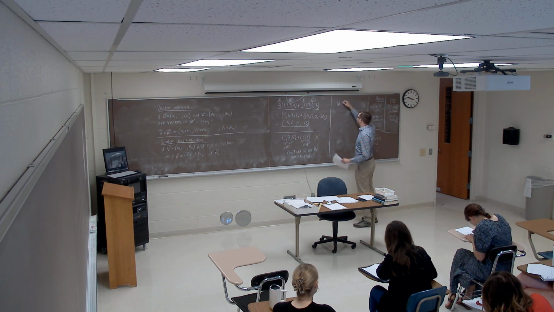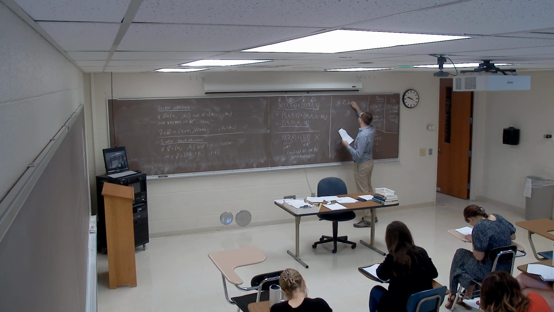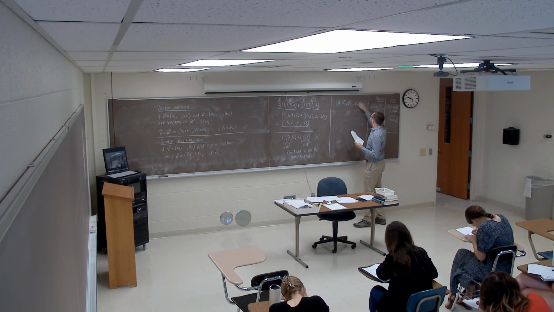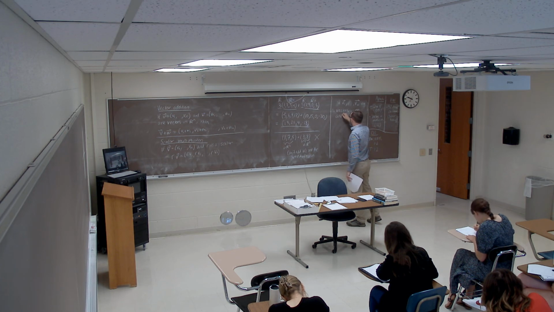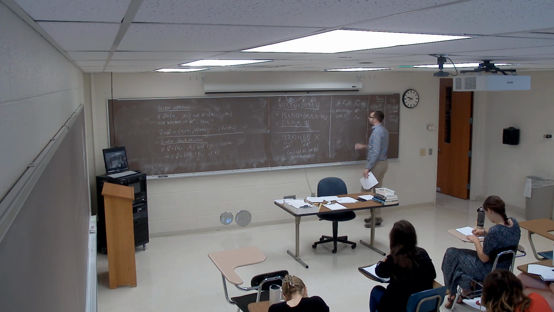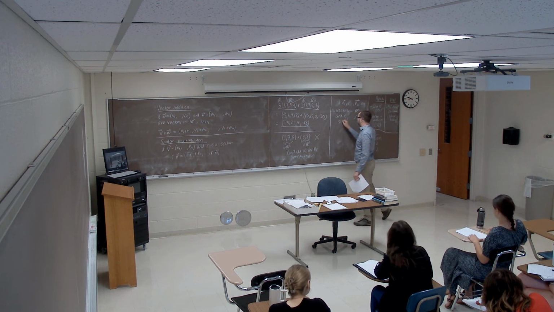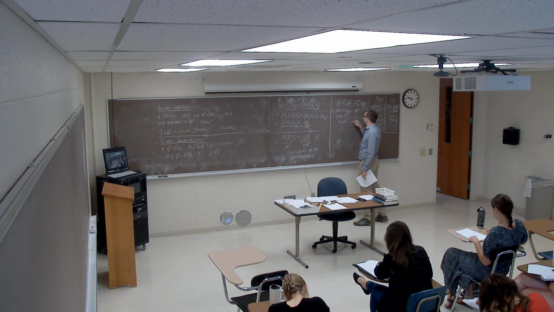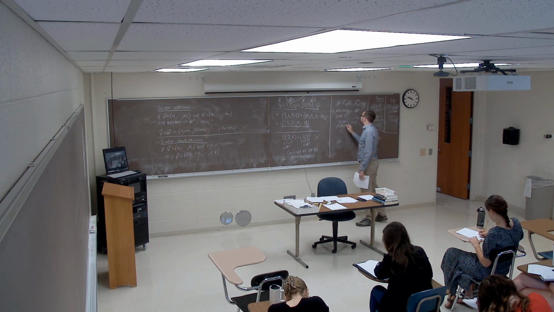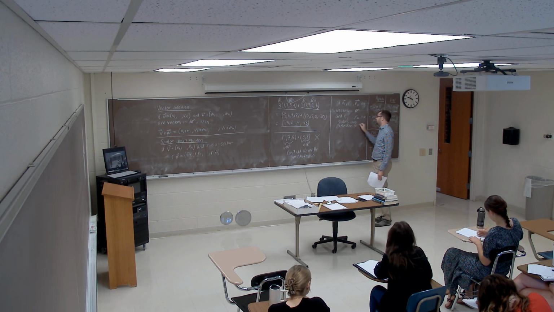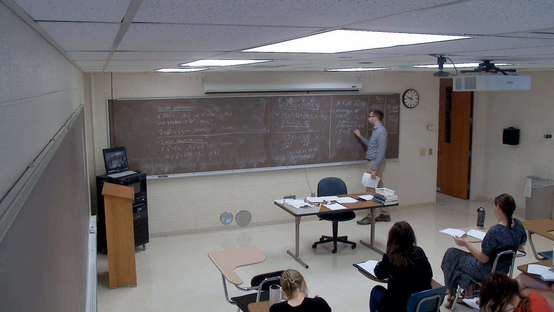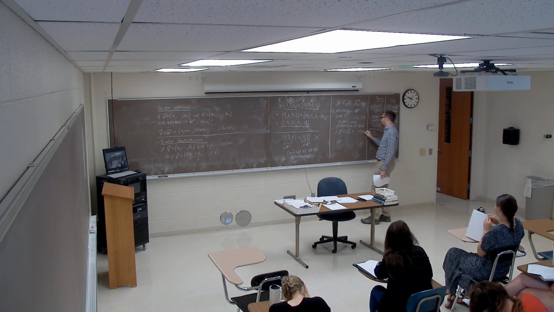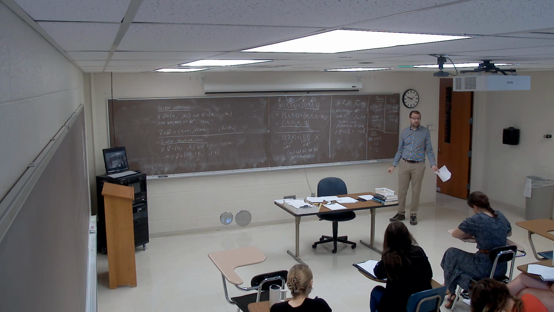So in general, if you have k vectors v sub 1 through v sub k in Rn, and scalars r sub 1 through r sub k, then any expression where you multiply your vectors by scalars and add them together, in other words, any expression of the form r1 v1 plus r2 v2, not R2-D2, exactly, plus rk v sub k, is called taking a linear combination of your vectors.